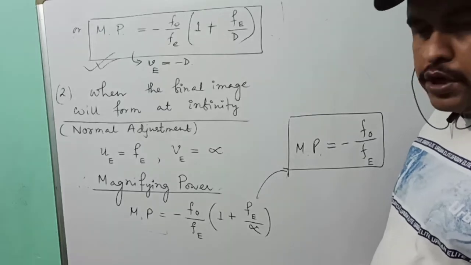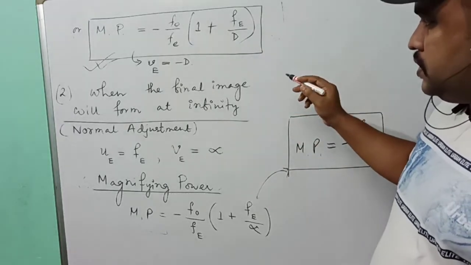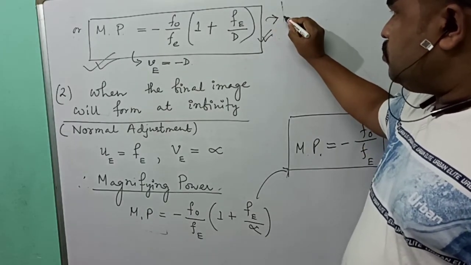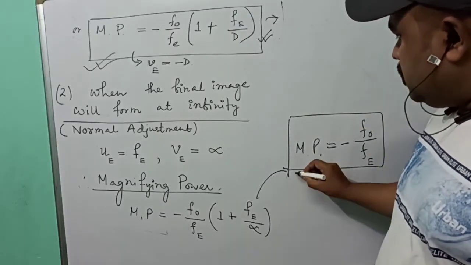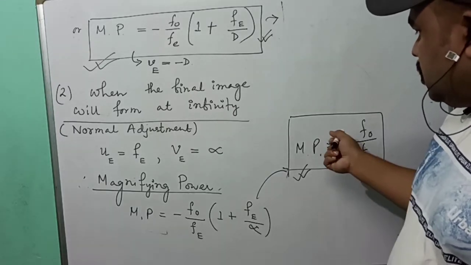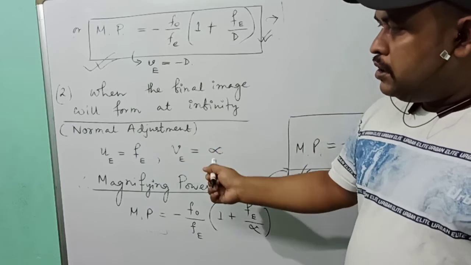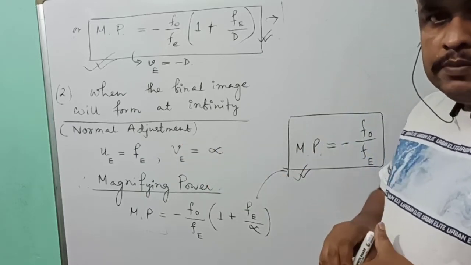So in these two cases, this equation is for when the final image forms at minimum distance of distinct vision, and this equation for magnifying power is for the second case, under normal adjustment.